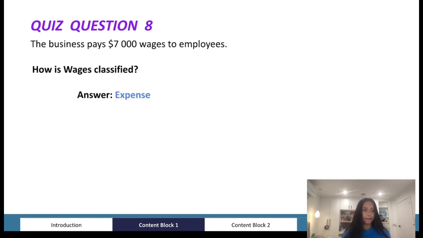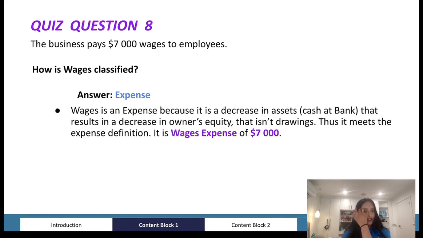Okay, the answer is that it's an expense. The wages are a decrease in assets that leads to a decrease in owner's equity, that is drawings. So it's $7,000 worth of wages expense.